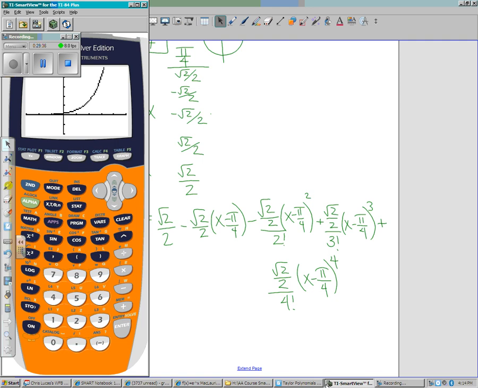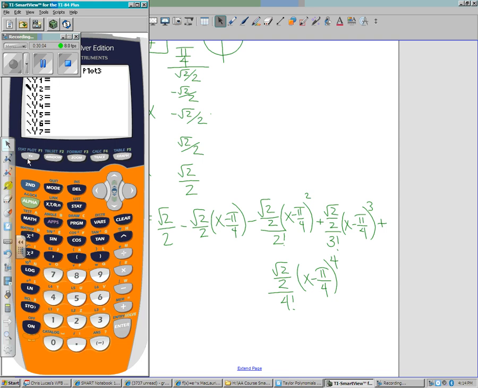Okay, I'm looking at my handy dandy TI-84. I'm going to clear out what I have there, and I'm going to press the square root key, second square root of 2 divided by 2, enter. I'm going to store that in for alpha A. Now I'm going to go into y equals.